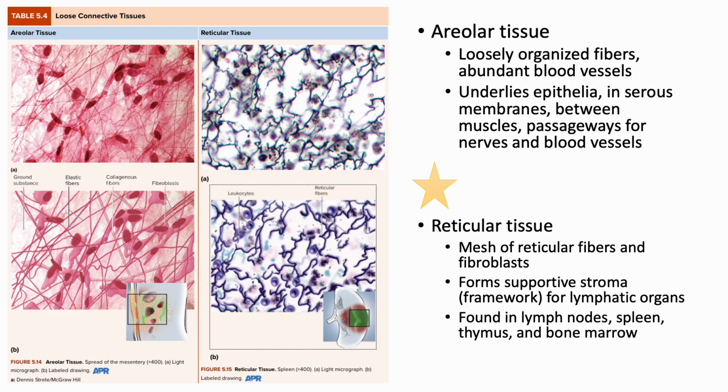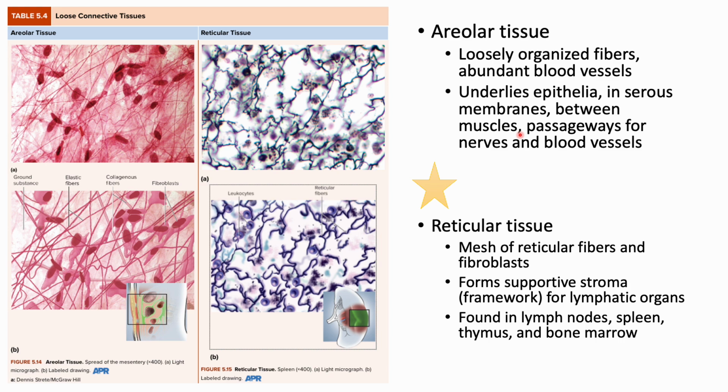All right, starting off with areolar tissue and reticular tissue. These two are examples of loose connective tissue. So, areolar tissue has loosely organized fibers and abundant blood vessels, many blood vessels. Where do we find it? Beneath our epithelium, underneath our serous membranes, between our muscles.